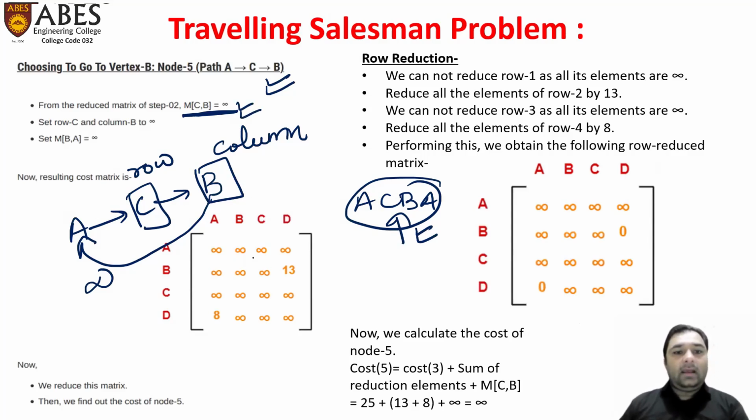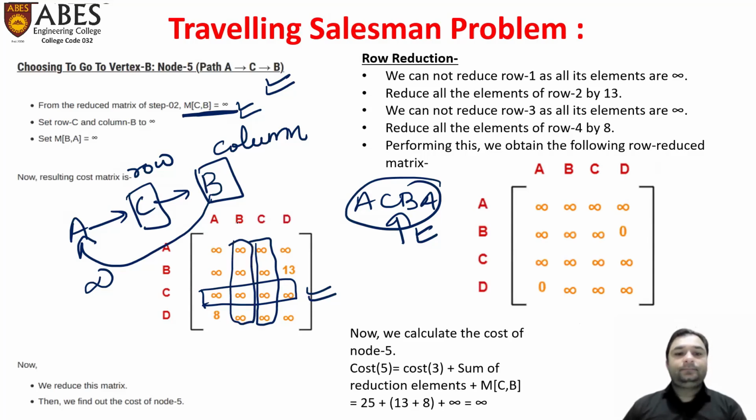Make column C as infinity, sorry, row C as infinity. Then column B as infinity. After doing this, C comma B is infinity.